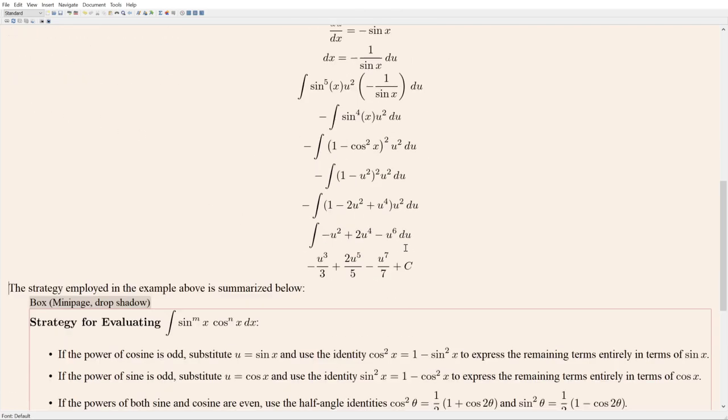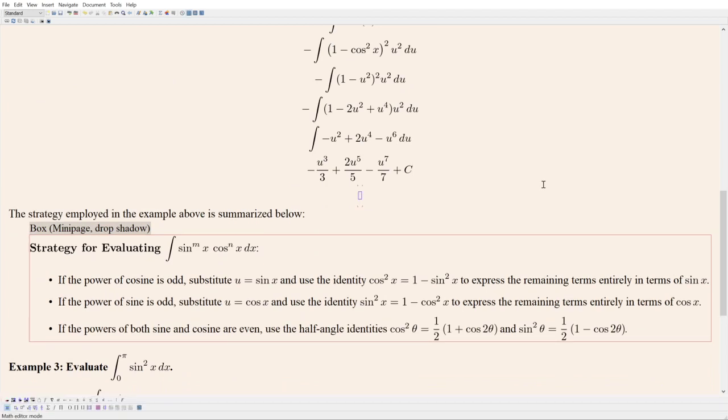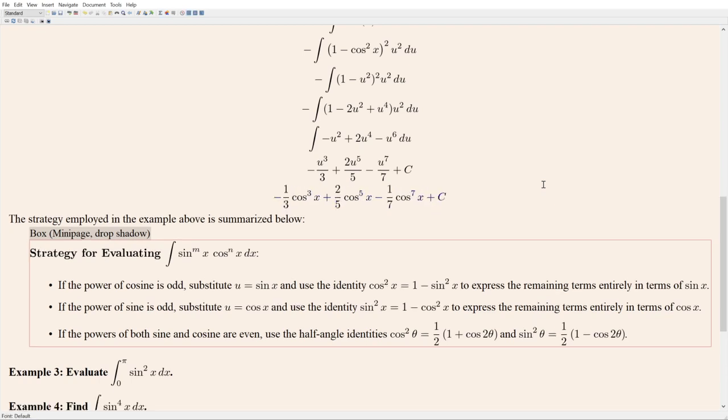So since u is cosine, we just replace these u's with cosines. So we have minus 1/3 cosine cubed of x plus 2/5 cosine to the fifth of x minus 1/7 cosine to the seventh of x. And there we go.